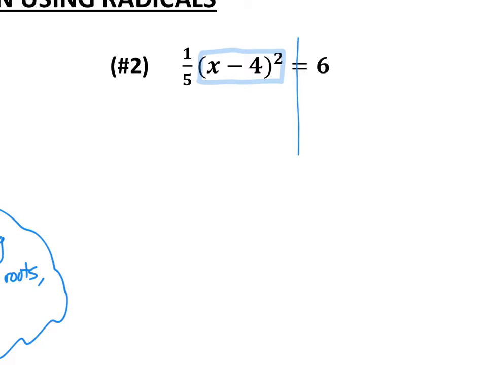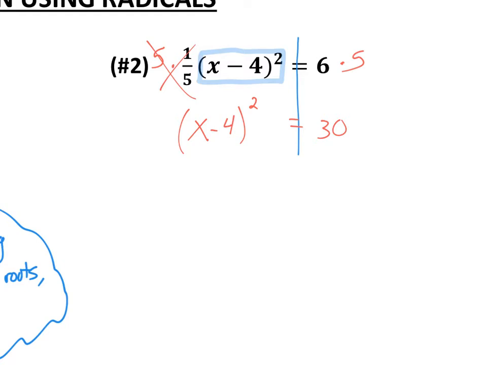The inverse of or opposite of times 1/5 is times 5. This is also called fraction busting because it gets rid of the fraction in the front. So 5 times 1/5 cancels. We are left with x minus 4 squared equals 30.